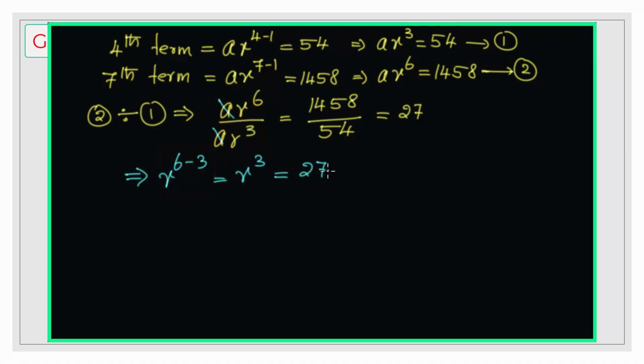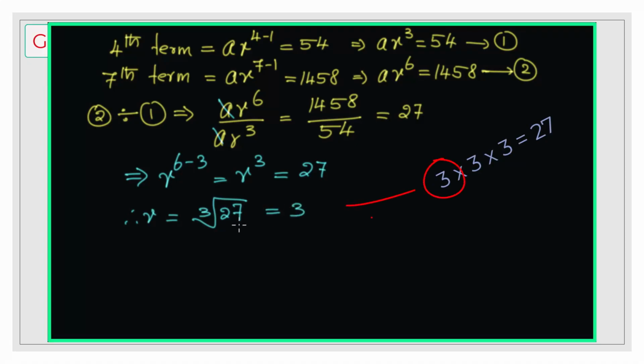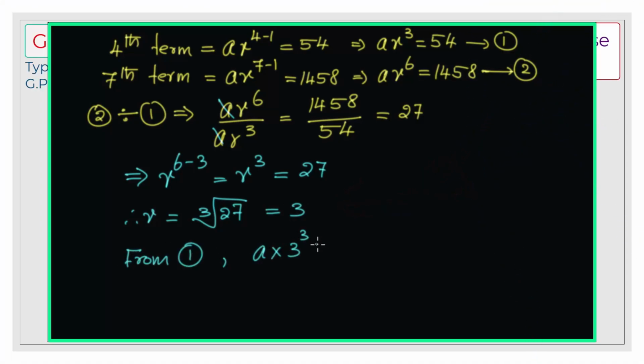R cube is equal to 27. That means R is the cube root of 27, which we know is equal to 3. So now substituting this value for R in equation number 1, we get A into 3 cube is equal to 54, or A into 27 is 54. That means A is 2.